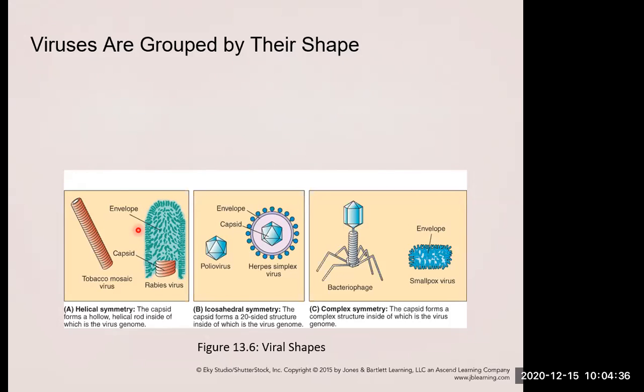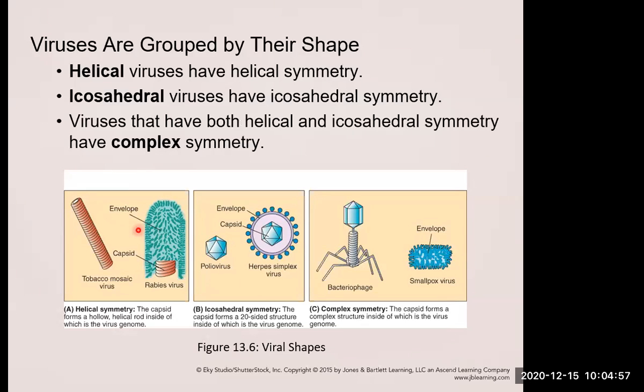Pretty cool. And then we can have a combination. We're going to call this a complex symmetry. So something like a bacteriophage has a 20-sided capsid attached to a cylindrical helix capsid, pardon me. So you're a cylinder, 20-sided, or both.